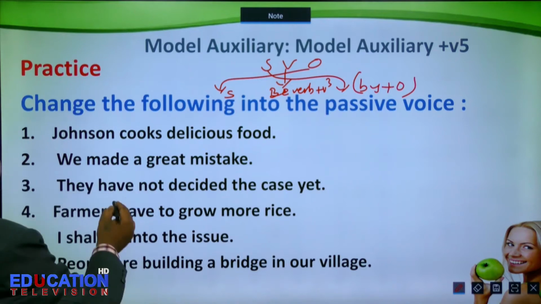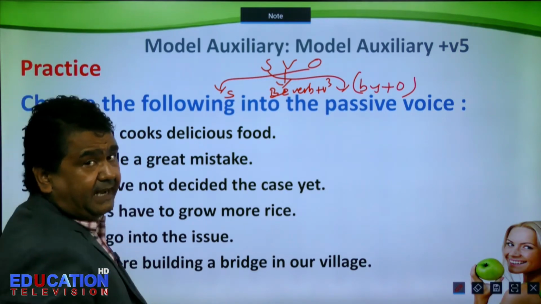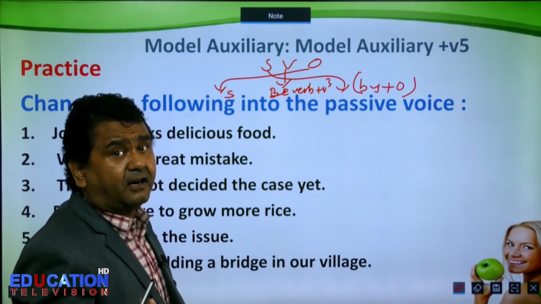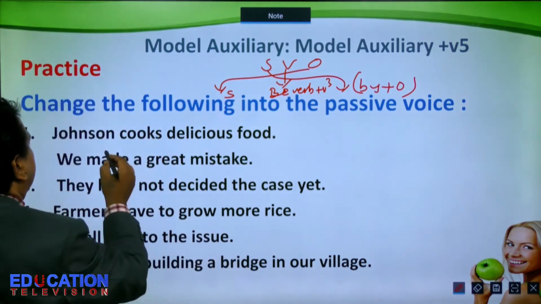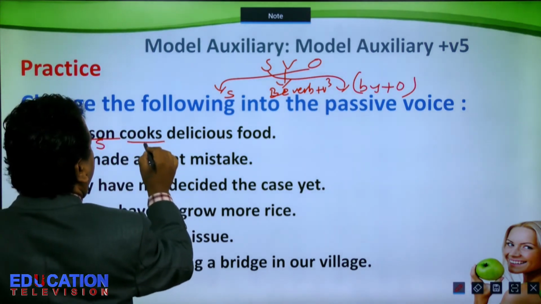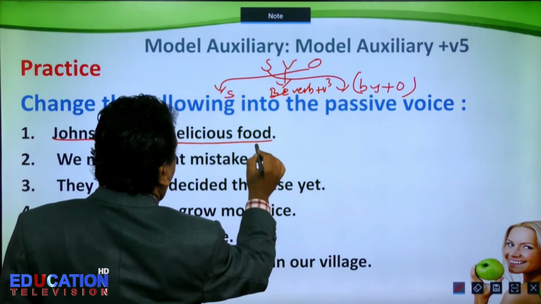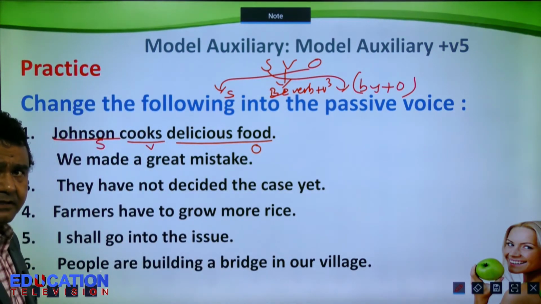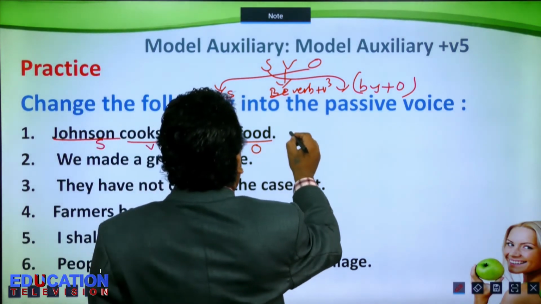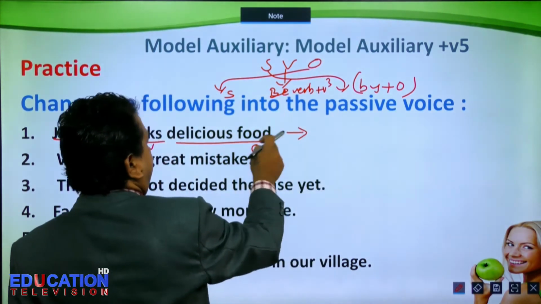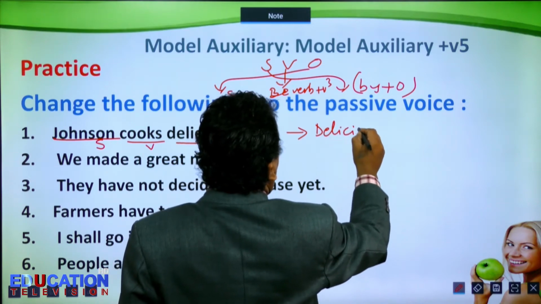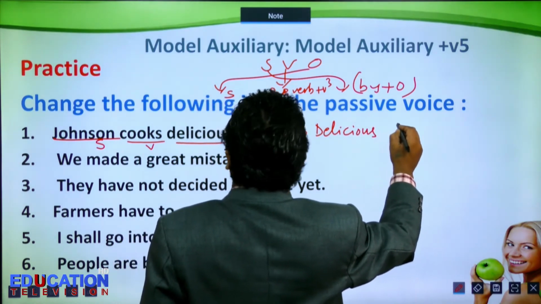How to add be verbs we have already done. Johnson cooks delicious food. Let us find out the subject, the verb, and the object in the sentence. Johnson is the subject. Cooks, verb. Delicious food, object. So, how do you do the passive one? Object has to be drawn here as a subject. So, delicious food.